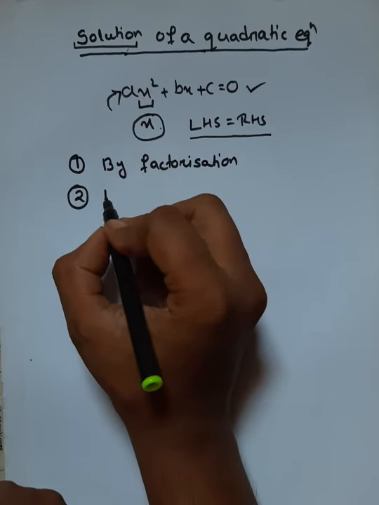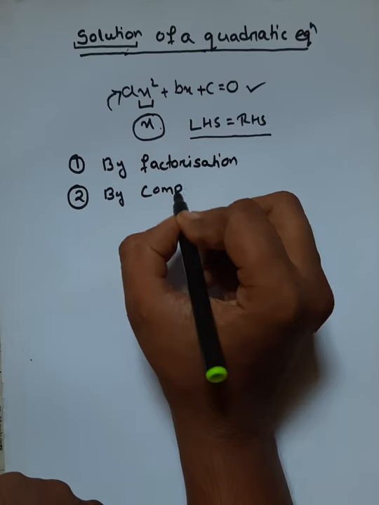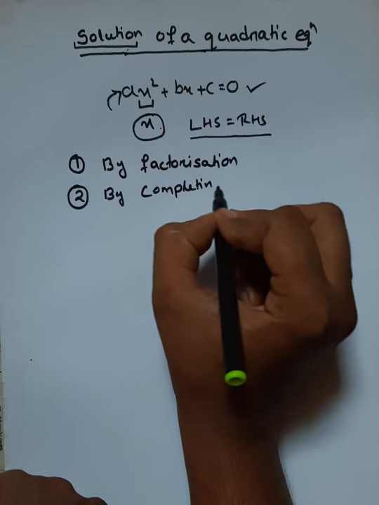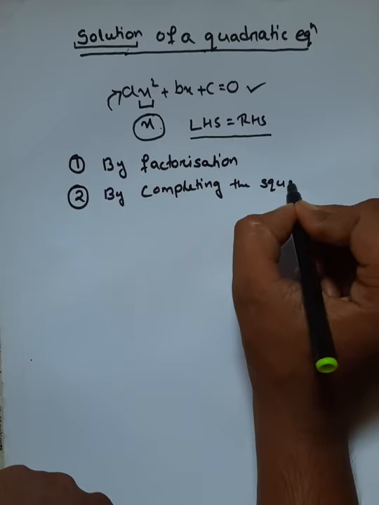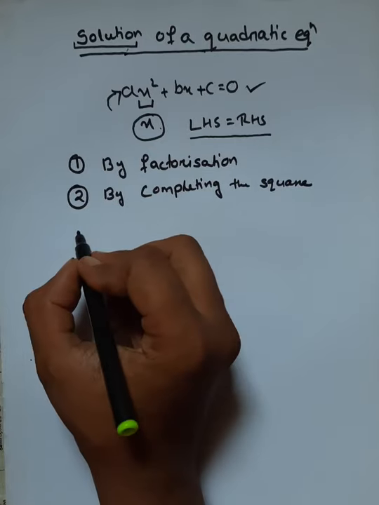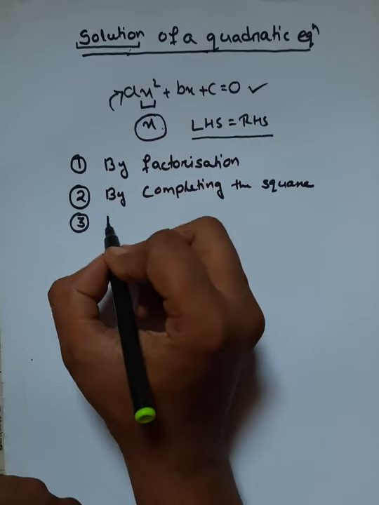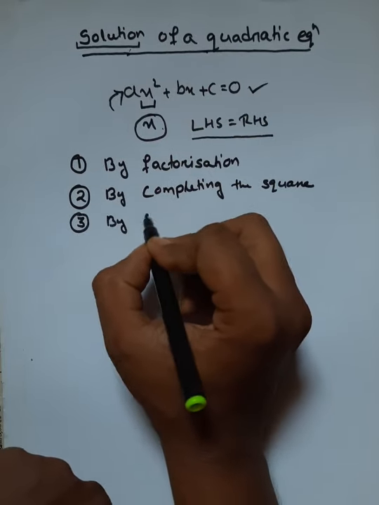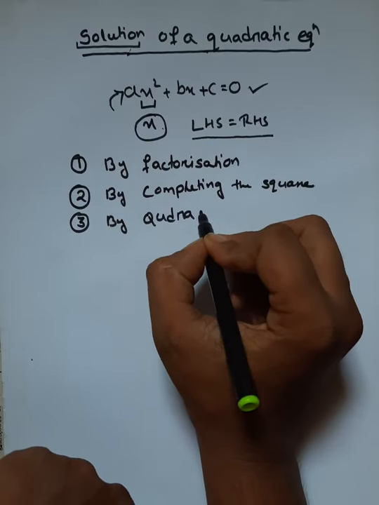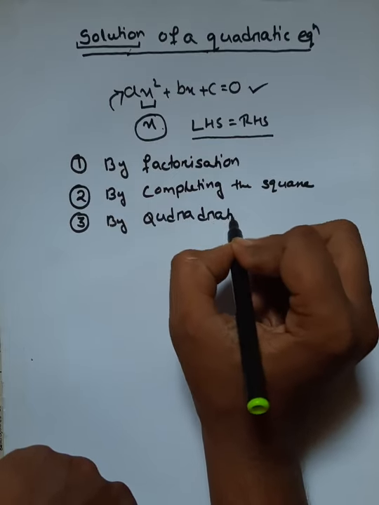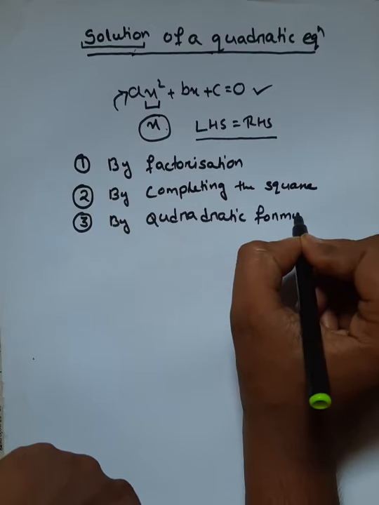Then the second one is by completing the square. Then the third one is by quadratic formula.